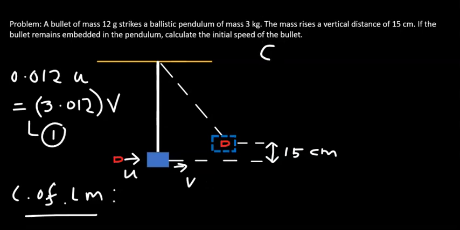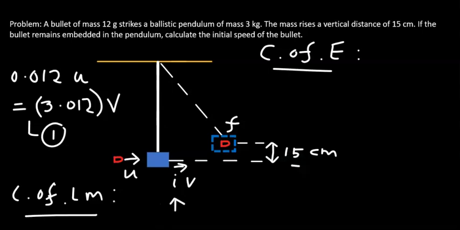The next step is to apply the conservation of energy, or more precisely mechanical energy. The initial state for this analysis will be the state with the bullet inside the mass after the impact, and the final state is when it rises to that maximum vertical height of 15 centimeters. You see that at this position, the energy is purely kinetic.